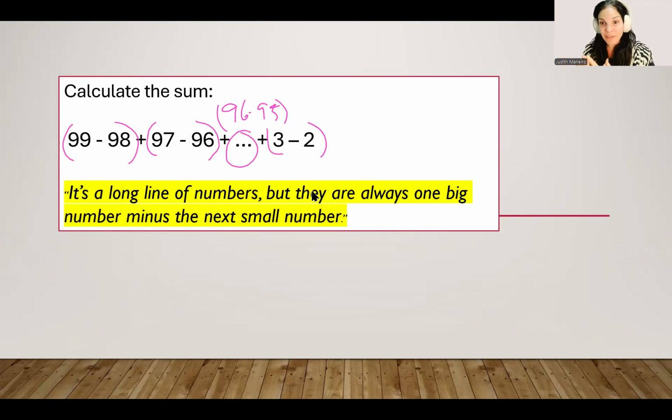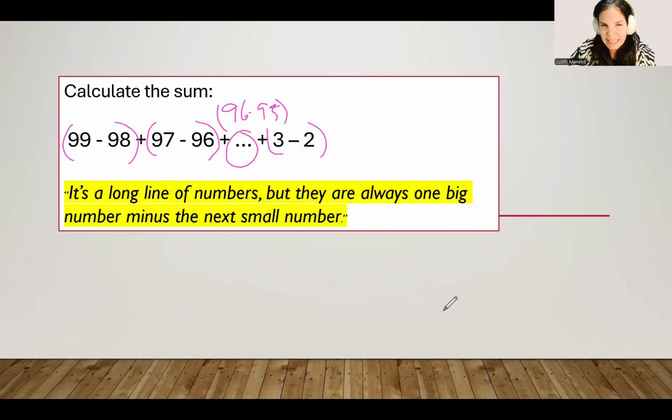So it's a long line of numbers, but they're always one big number minus the next small number. So you see that the 99, then comes 98, and then 97, 96, 95, and it's going to keep going like that. It's going to keep repeating like a pattern.